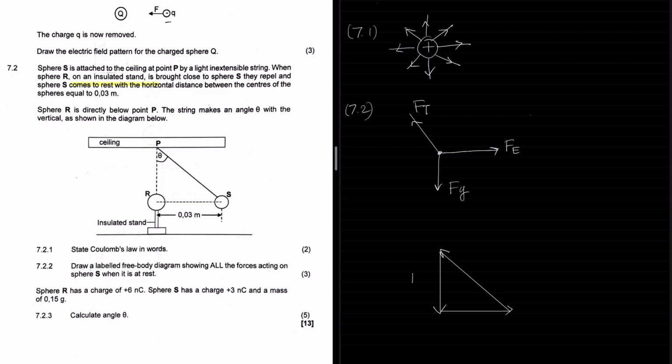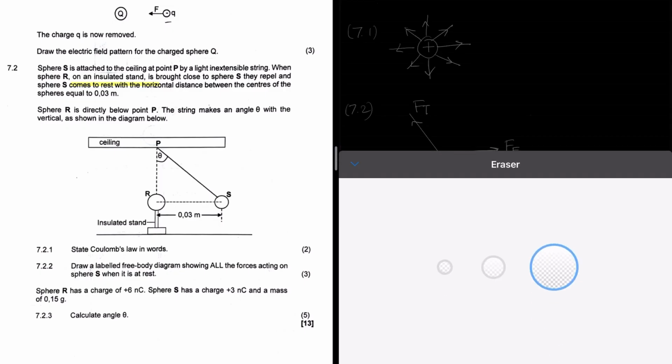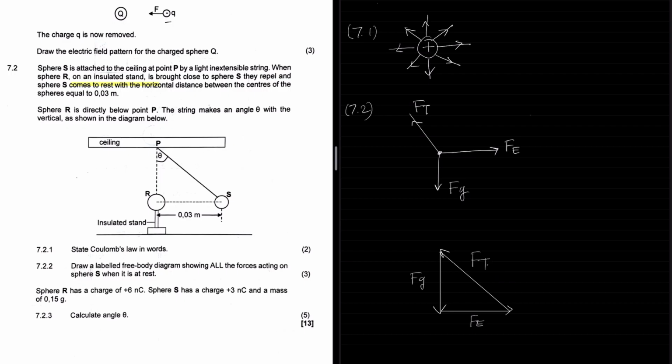Here we have Fg, here we have Fe, and this is going to be Ft. Now we need to figure out where the angle theta is going to go. So the angle theta is the angle that the tension, or the rope, is making to the vertical. So you can see right here, and then that means theta will go right there.